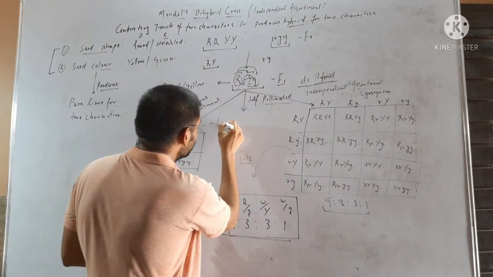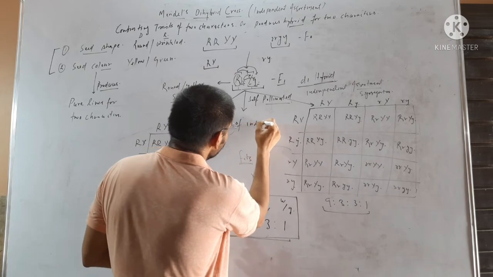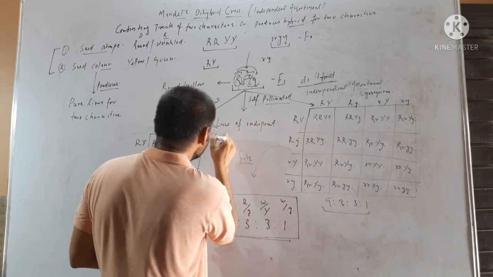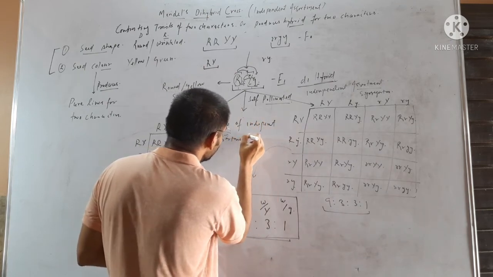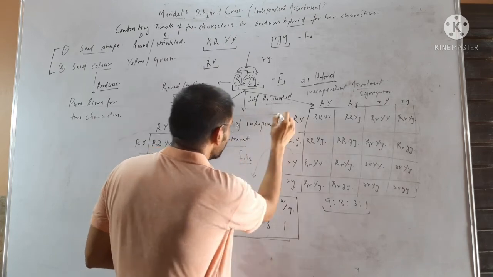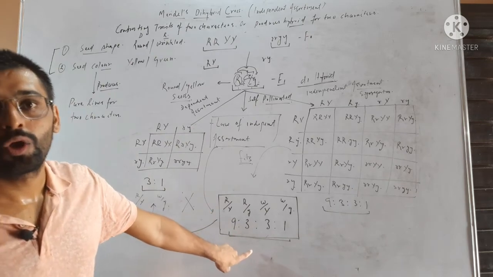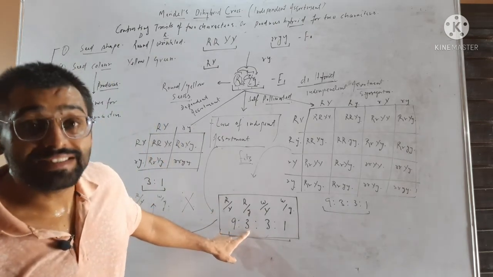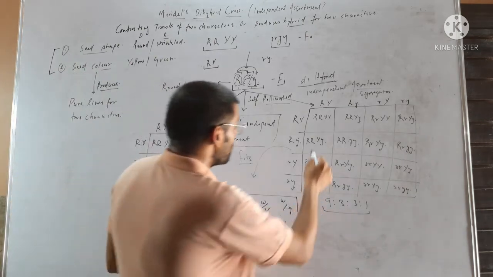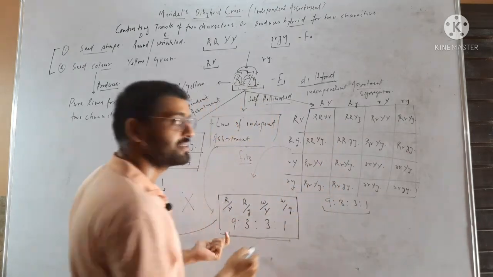This is called the law of independent assortment. Mendel gave this law on the basis of these results, and the model that he prepared that fits his results.